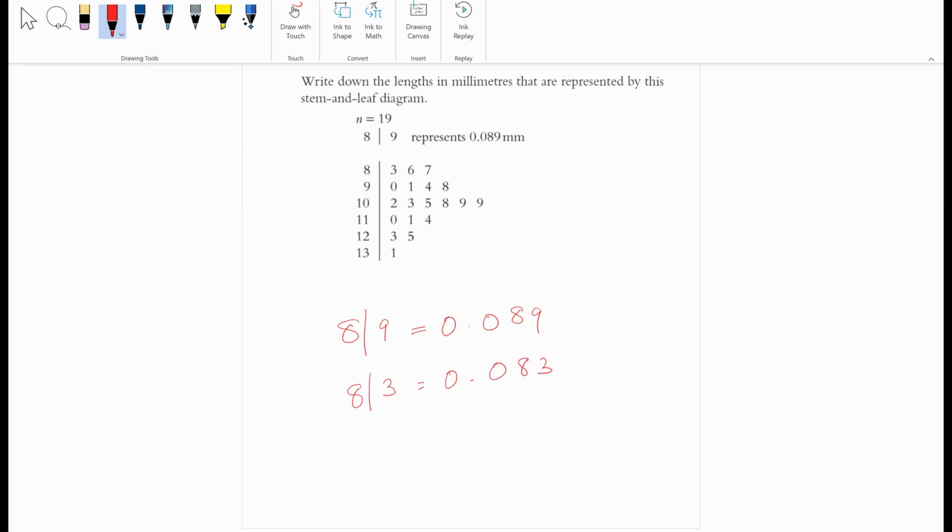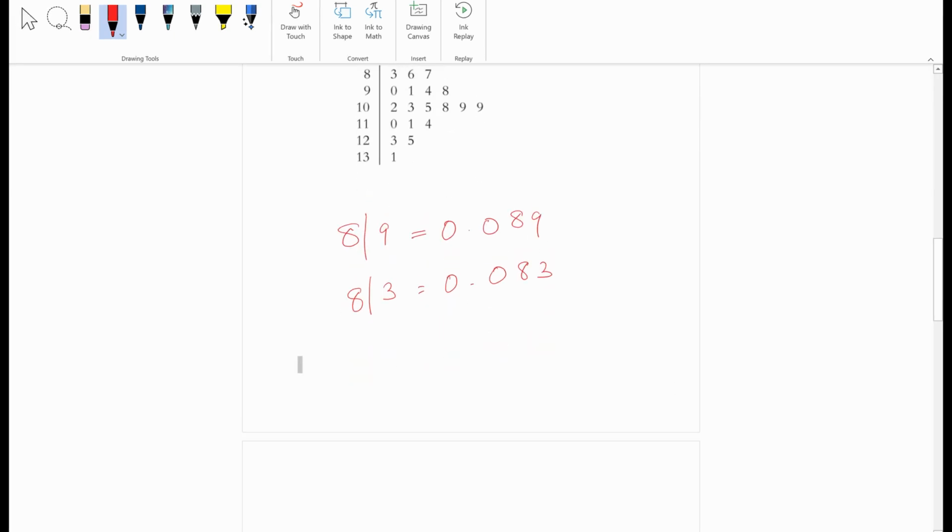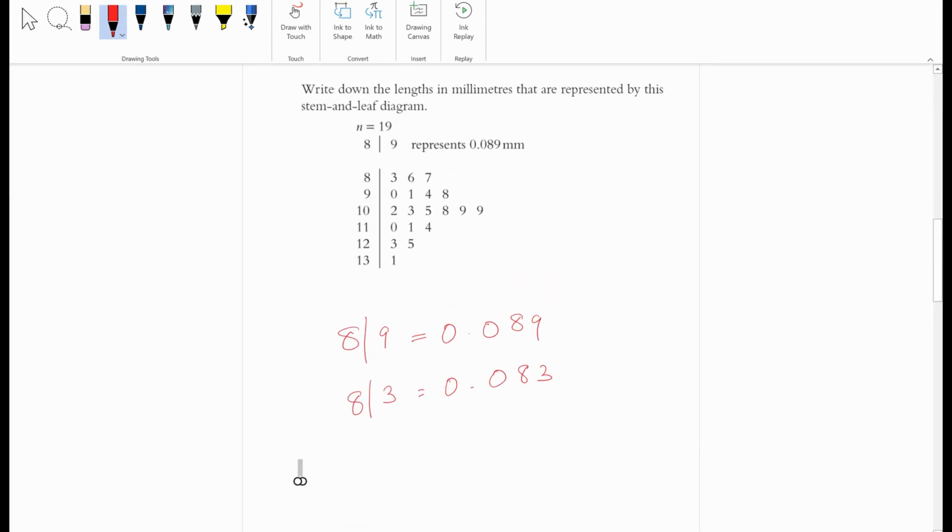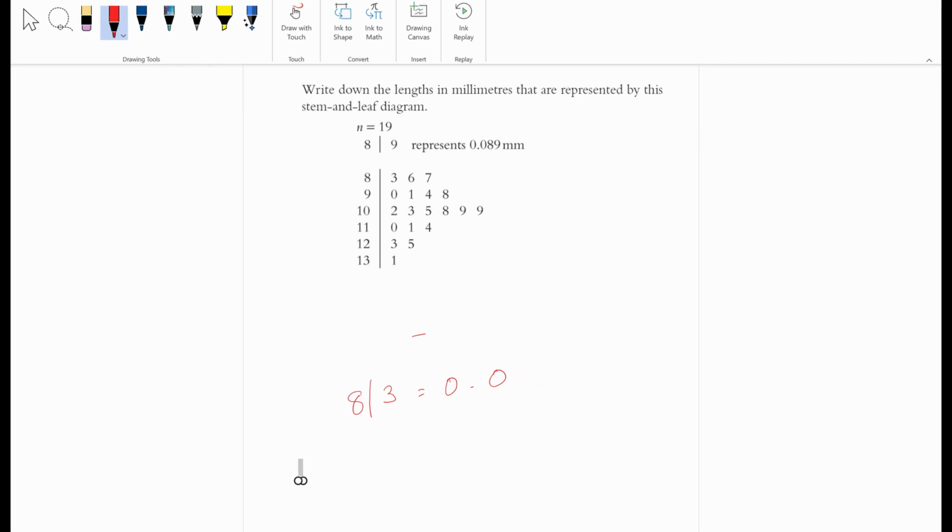It's all just a matter of understanding the key or that pattern. Since we know the context now, we could just write the answer straight from this stem and leaf diagram.